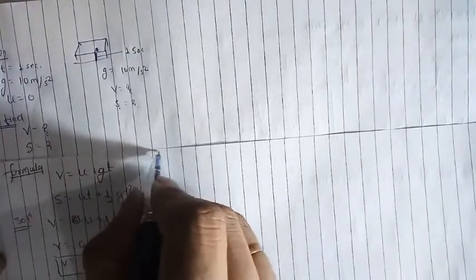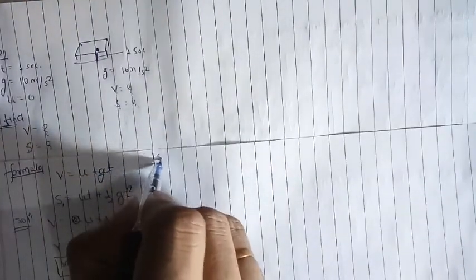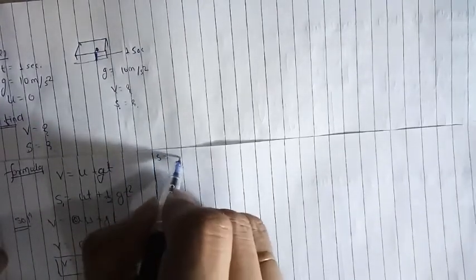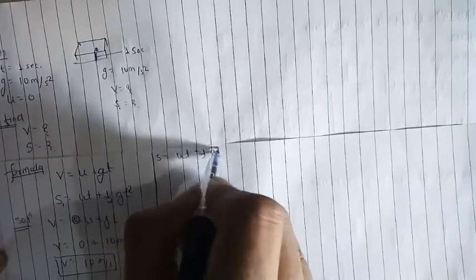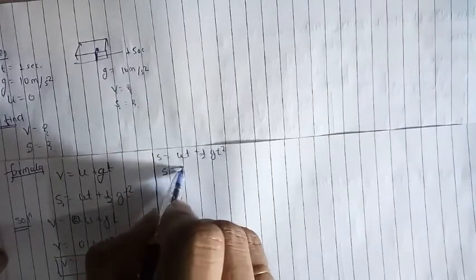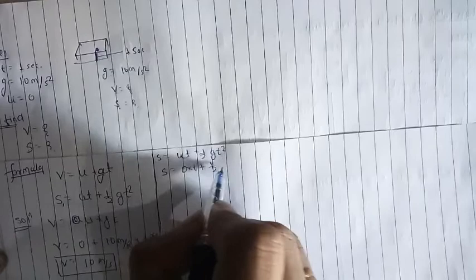Now we'll calculate the height of the table. So s equals, by the second kinematic equation, ut plus half of gt square. So s equals, u is 0, so 0 into t plus half, what is g?